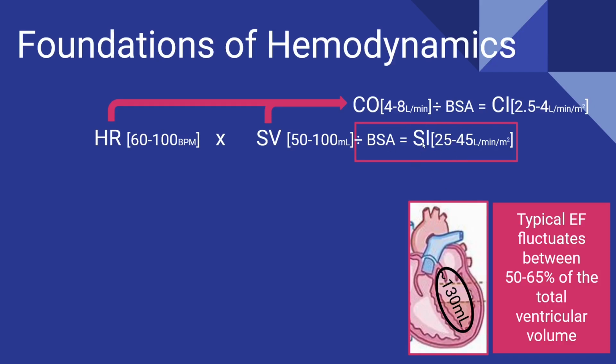And so they may give you a stroke index, or they might give you a cardiac index, and they might say, is this normal? And all you have to know is the range of values. And if you can't remember that, all you have to do is remember the stroke volume. And what is it? It's half of that.